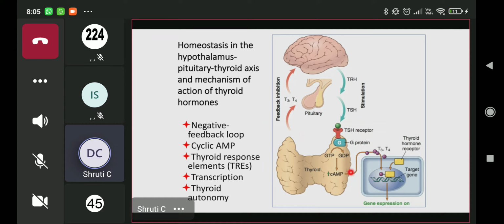Here we can see that the thyroid gland is producing thyroid hormones. At the genetic level, you can see in the nucleus there is a target gene which has thyroid response elements, TREs, and this is the thyroid receptor. It is attached to this thyroid gene and is in a dimerized state with another receptor known as retinoid X receptor.